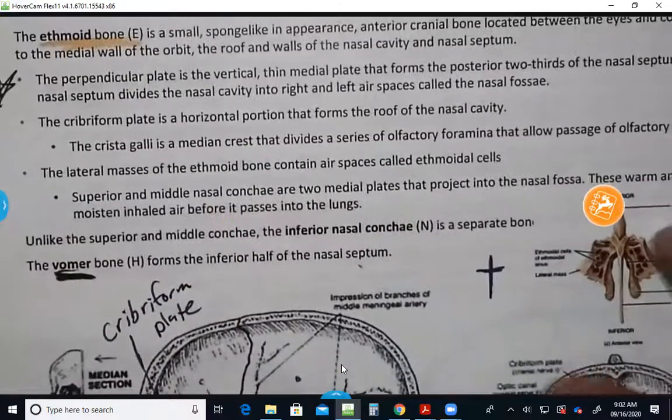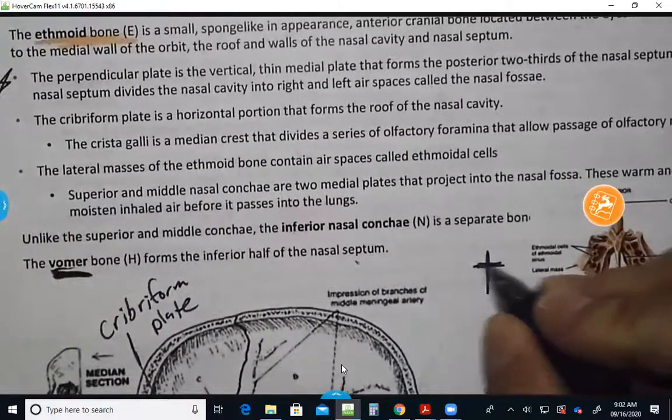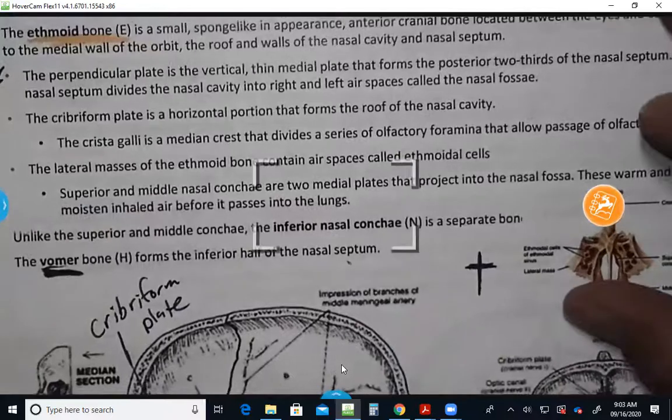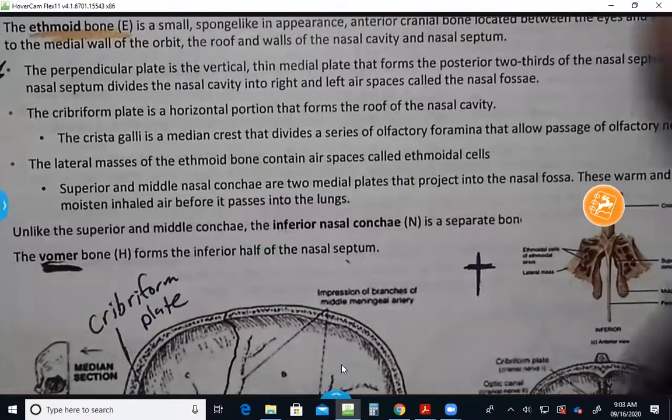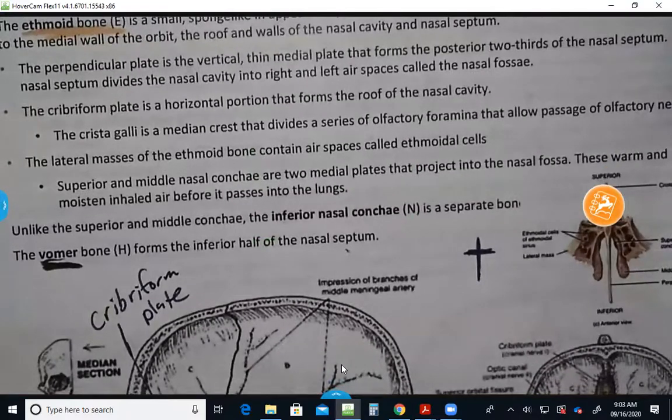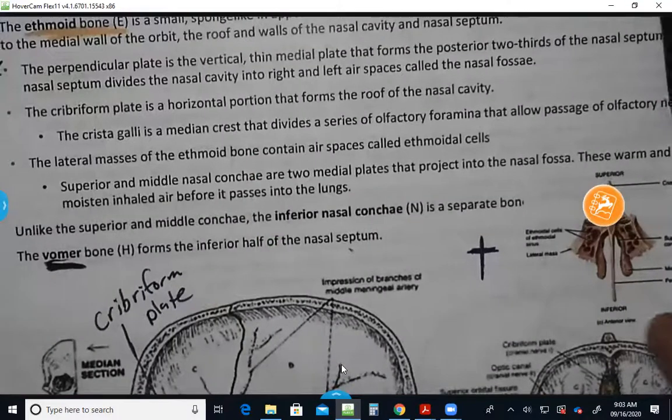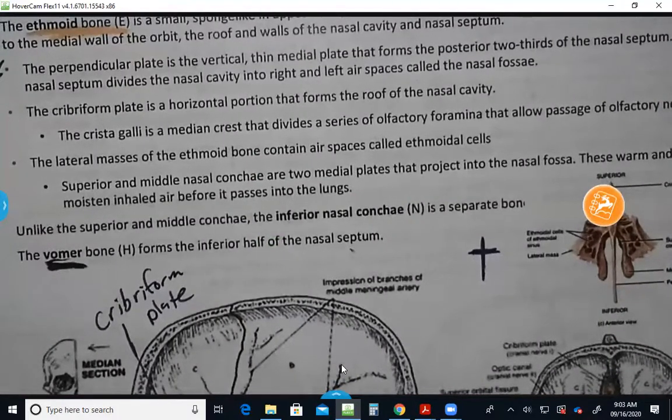This is the horizontal portion, so it would be like this portion of our T, and it forms the roof of our nasal cavity. So you can think of your ethmoid as doing this to our nose, which you can all look at me and see. It vertically separates the nose into the two sides, and then it also creates the roof of our nasal cavity.